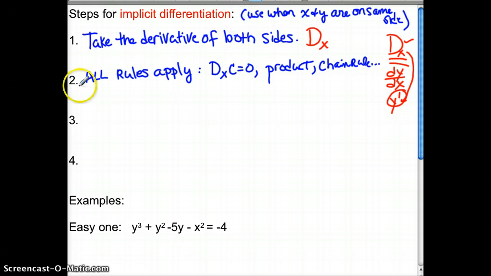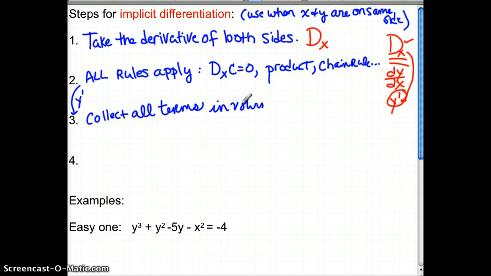Step 3, and from here to here, I'm going to have you write a little arrow. Once we do about 3 or 4 of these, you'll get the value of this. But from step 2 to step 3 is kind of where we're going to switch notations. We are going to collect all terms involving y prime, or the derivative, on one side.